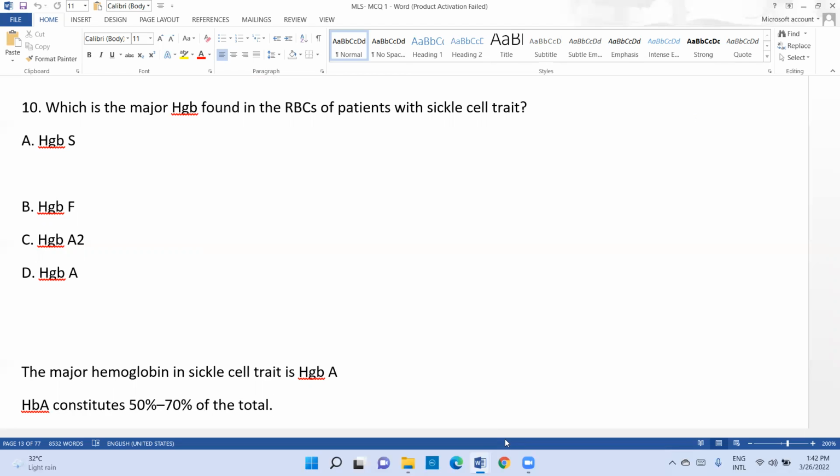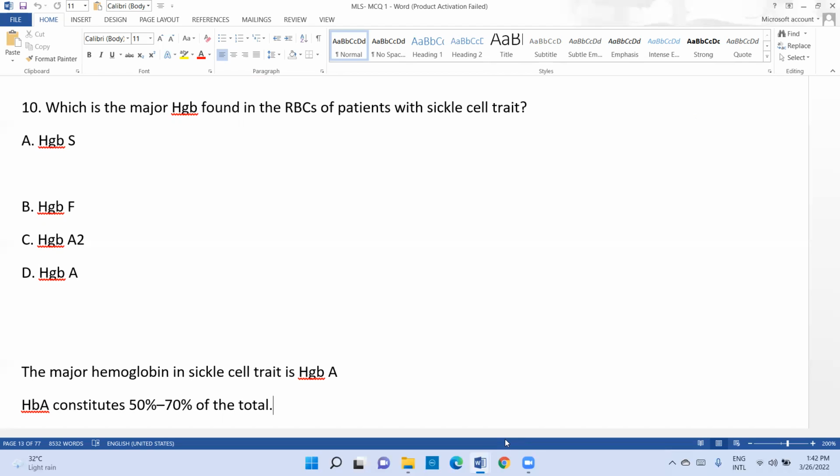They are called hemoglobinopathies. We know the hemoglobin has two alpha chains and two beta chains. So in beta chains, there are two beta chains, one from mother and one from father.